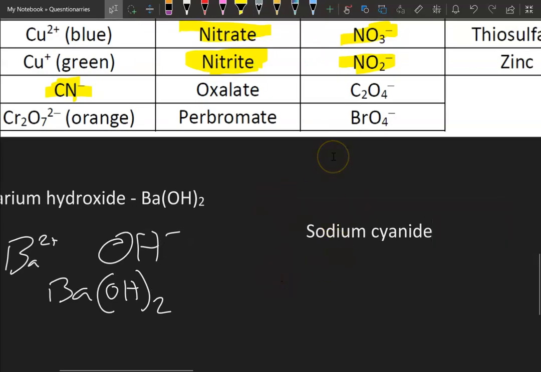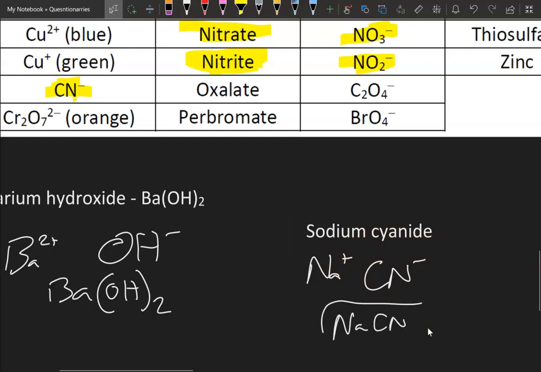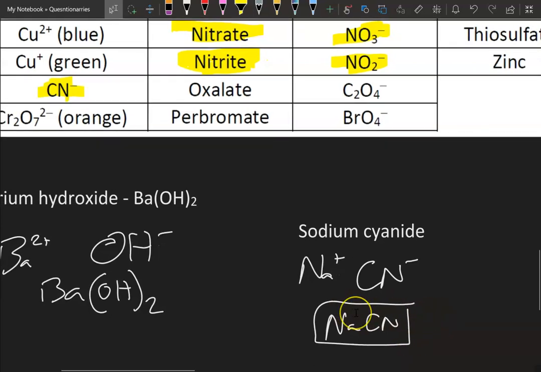Sodium cyanide, you have Na, which is +1, and then you have the cyanide, which is CN with a -1 charge. The nice thing about this is that you have both +1 and -1, so they cancel out, and you have a very clean formula of NaCN.